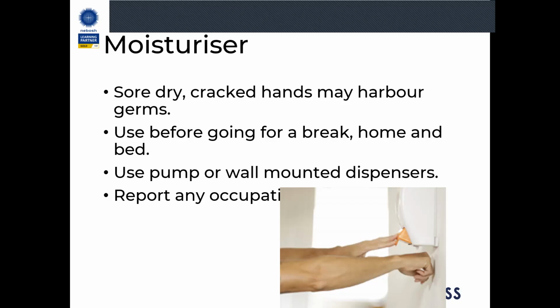So what you're doing there is replenishing the skin with the oils that have been lost during the amount of washing that takes place. If you're over cleaning, which happens a lot with people, you can get skin conditions, dryness, cracks, but also dermatitis, because of the amount of washing, particularly in care homes and in the NHS.